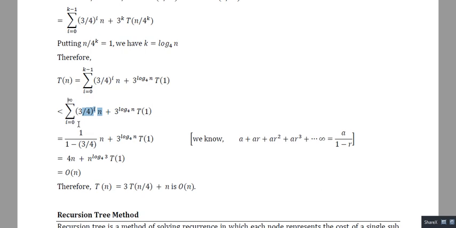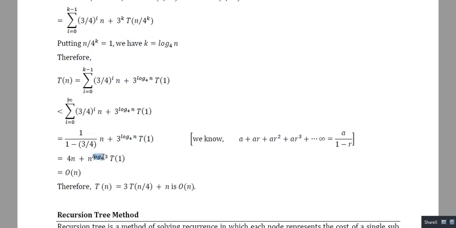Right. So here the first term is what? The first term is n. Right. And the common ratio is what? 3 by 4. So we can write, the first term is n, n by 1 minus r, meaning 3 by 4. So it will be 4n. And here actually I am applying a logarithmic property. We can just interchange this n and 3. So it will be n power log 3 base 4.